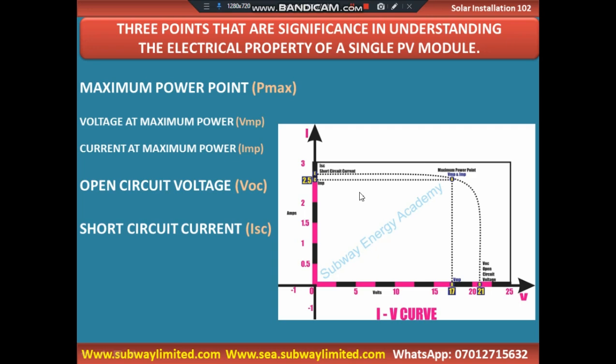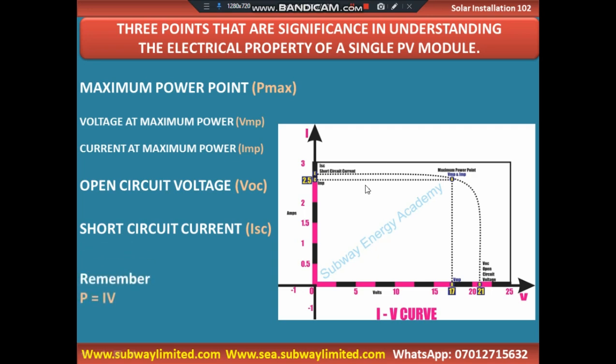But if you vary the condition, you might not likely have the exact value that is on the nameplate. But you use your judgment to ascertain the originality of such a solar panel when you finish testing it with your multimeter.